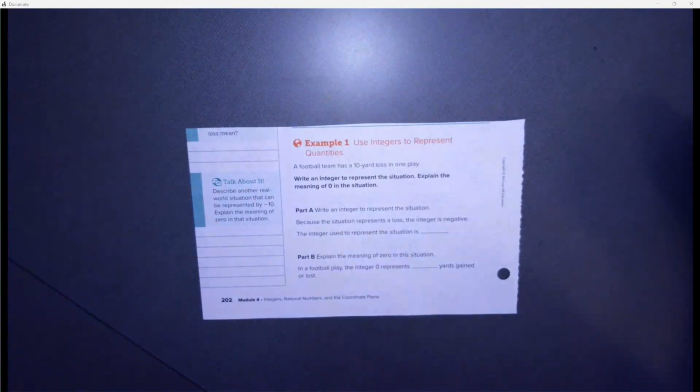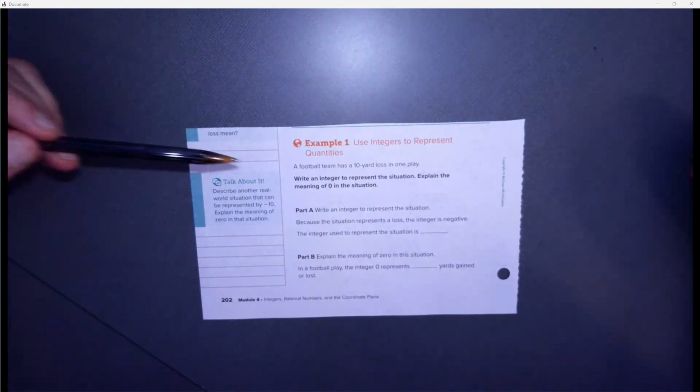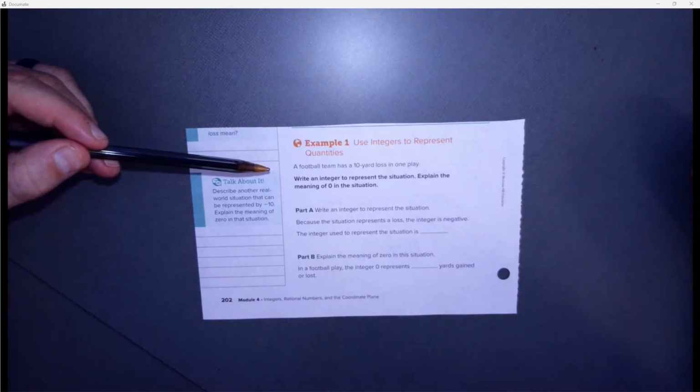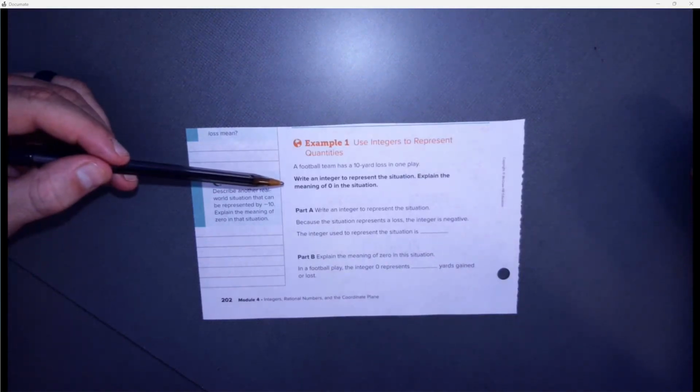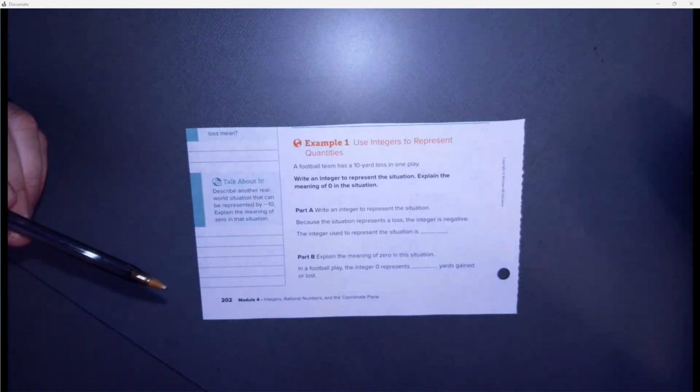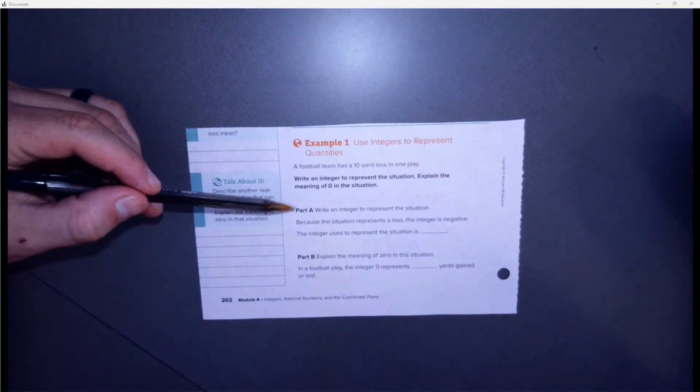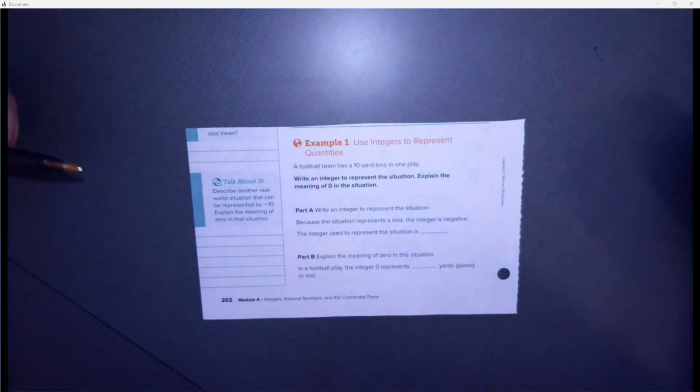Now let's look at example 1 on page 202. Use integers to represent quantities. A football team has a 10-yard loss in one play. Write an integer to represent the situation. Explain the meaning of 0 in this situation. Part A. Write an integer to represent the situation. Because the situation represents a loss, the integer is negative.